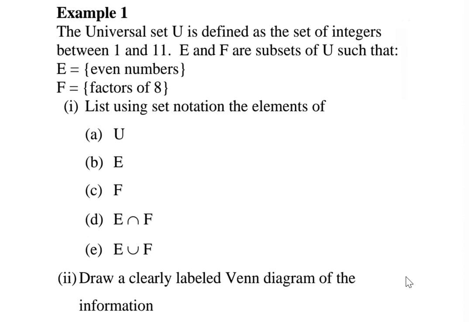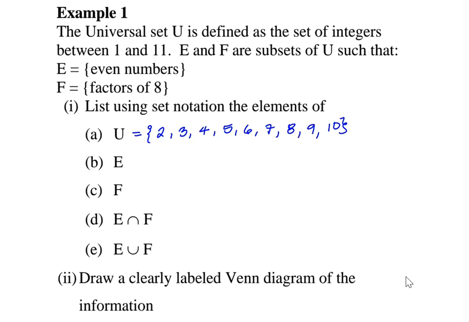Well, that's not difficult. We were told that U is the set of integers between 1 and 10. So U would be 2, 3, 4, 5, 6, 7, 8, 9, and 10.